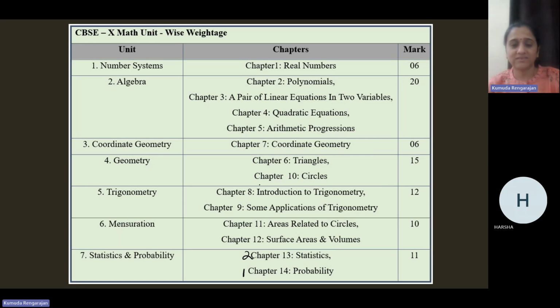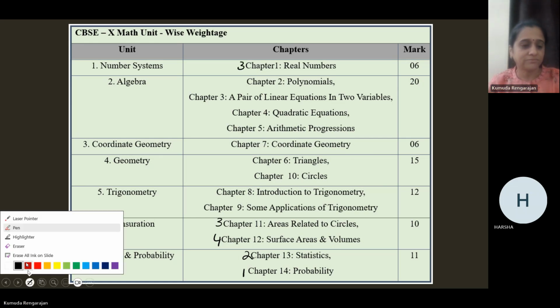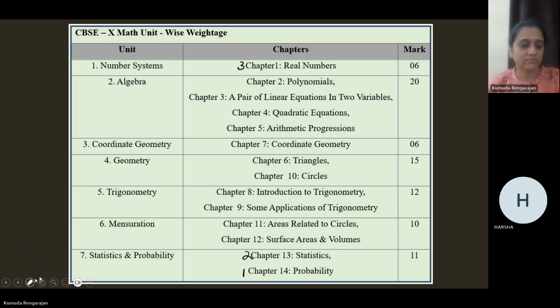Probability, statistics, and then 3, 4. Then I can give a 3 for real numbers. 4, 5, then 6, 7, 8, 9, 10, 11, 12, and 13.